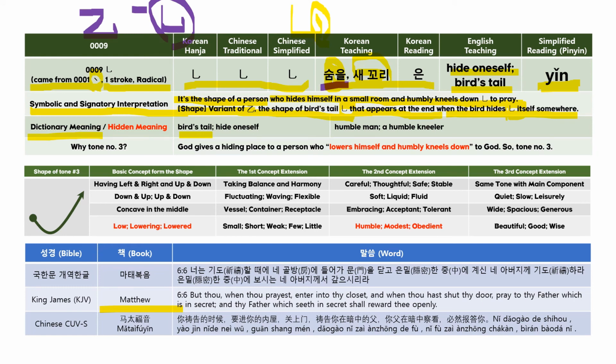bird's tail, hide oneself, and I would say repeatedly the hidden meaning is very important, actually much more important than the dictionary meanings sometimes. So in this case, this character's hidden meanings are humble man, a humble kneeler.